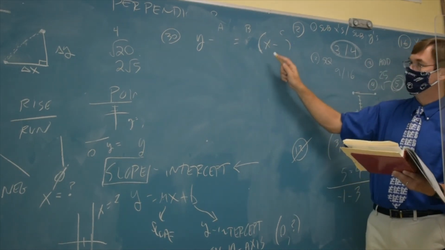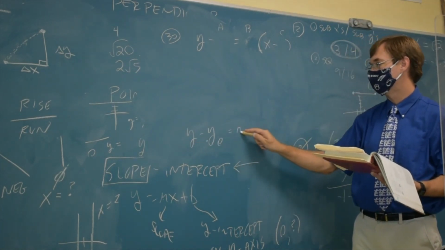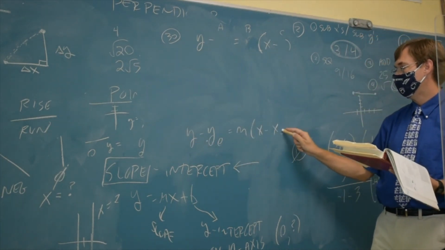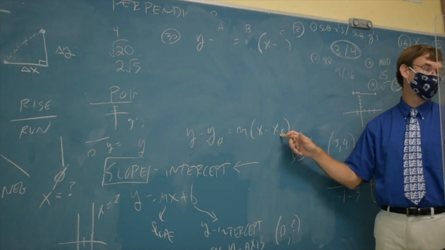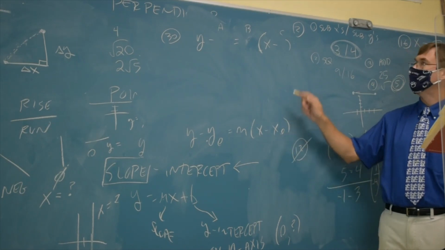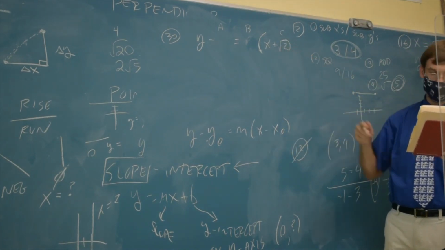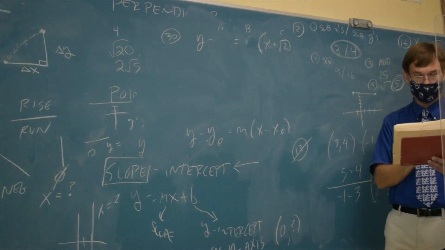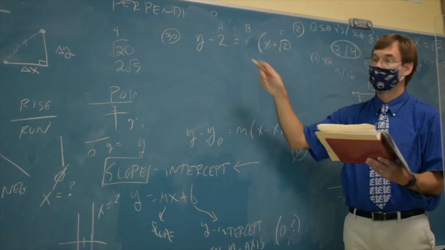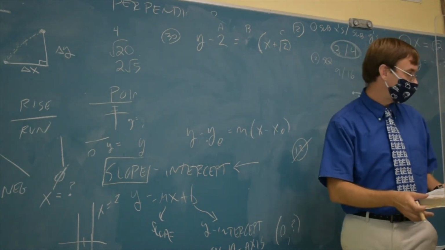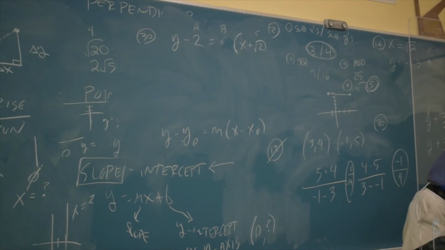C. If we're following this formula, this is an x they're giving us a -√2. So this should be minus -√2. They tell us to use a 2. Where should the 2 go? That should be with the y. And then they do a thing that's indirectly giving us the slope. They say go parallel.